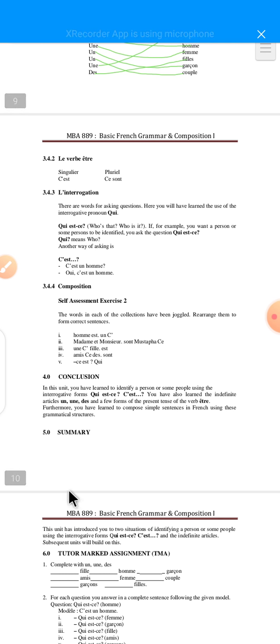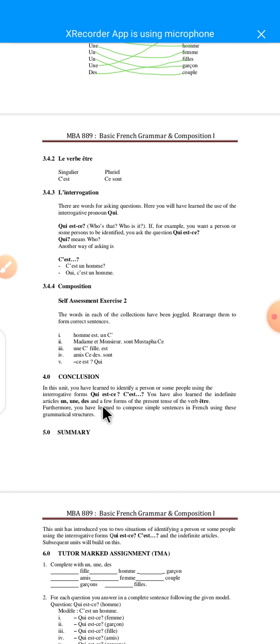Conclusion. In this unit, you have learned to identify a person or some people using the interrogative forms qui est and c'est. You have also learned the indefinite articles un, une, des, and a few forms of the present tense of the verb être, which is je suis, tu es, il est, nous sommes, vous êtes, ils sont.